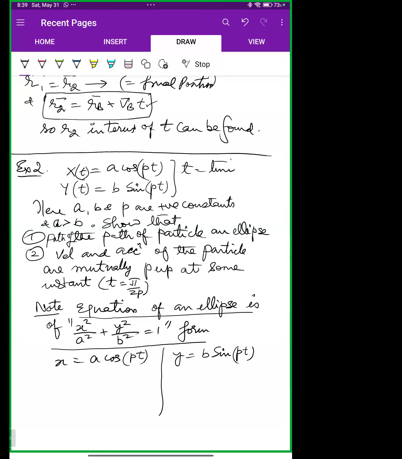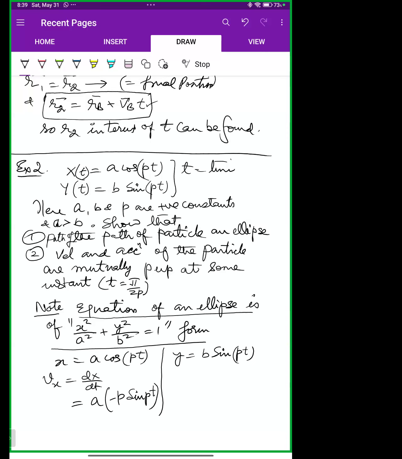Then what is Vx? Vx is equal to dx by dt. And what is that? That is a, and cos pt is differentiated, it becomes minus p sin pt.